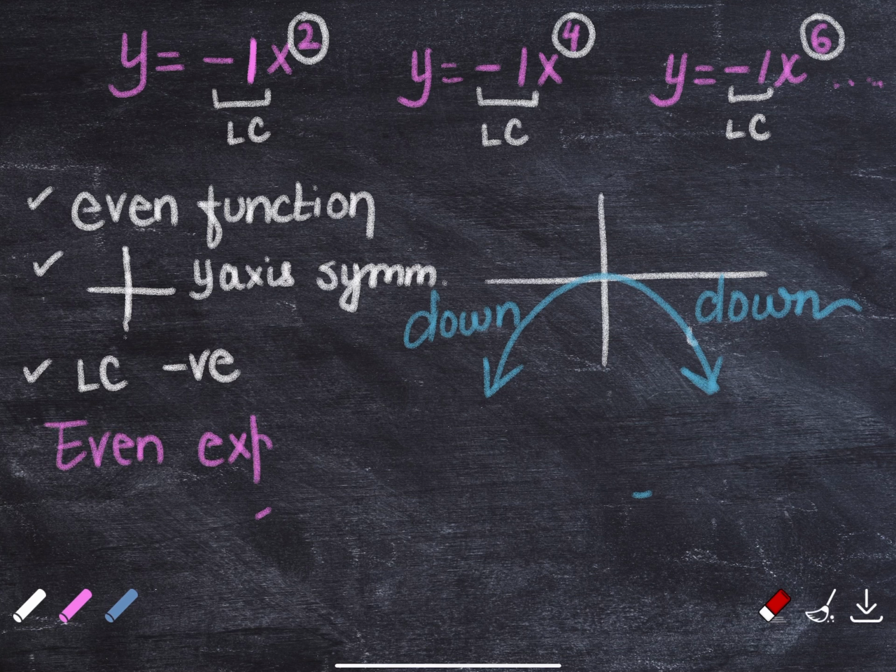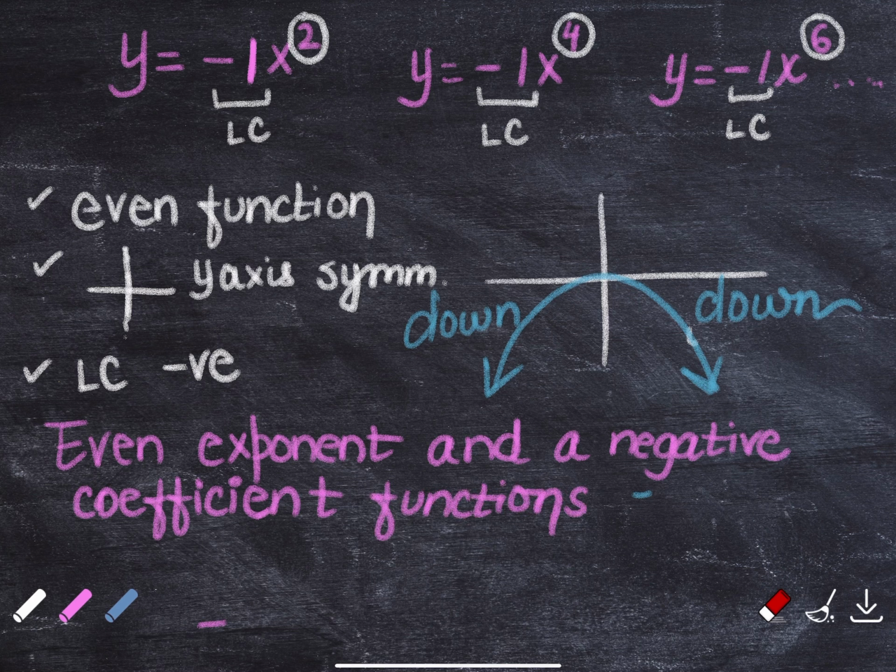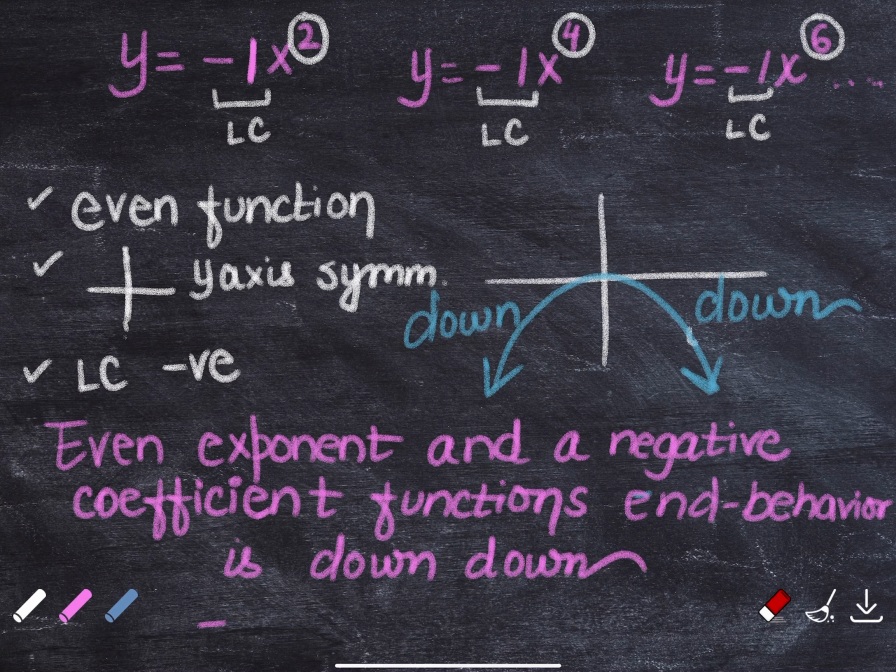Even exponent and a negative coefficient functions, the end behavior is down and down. So this is something important to remember.